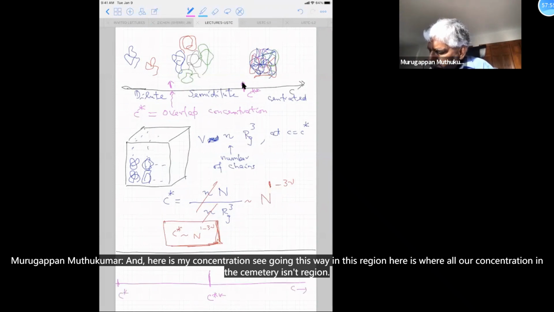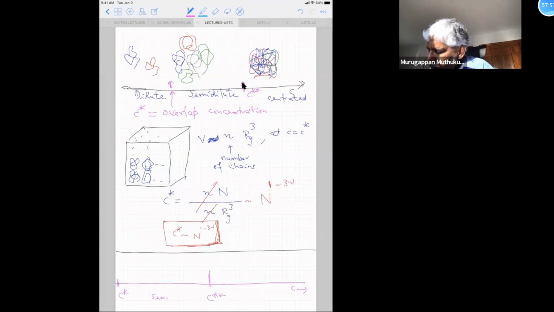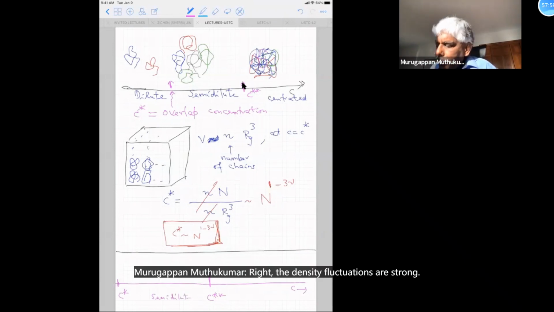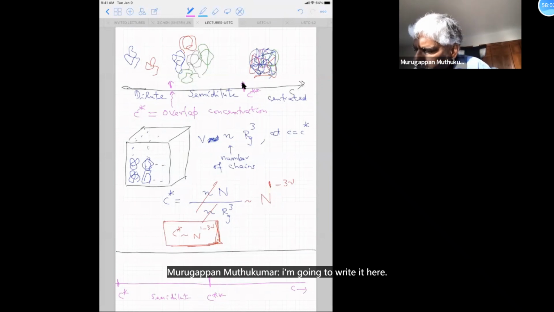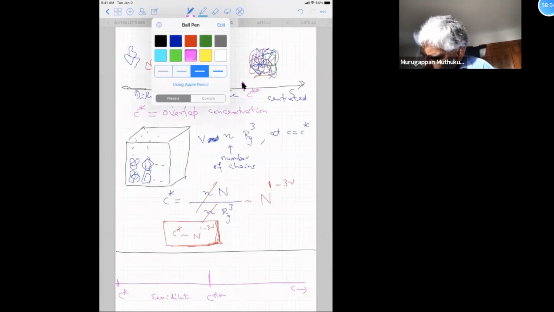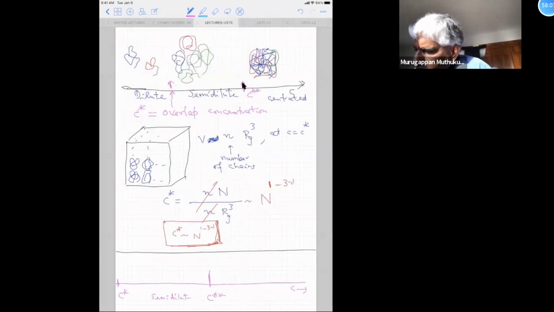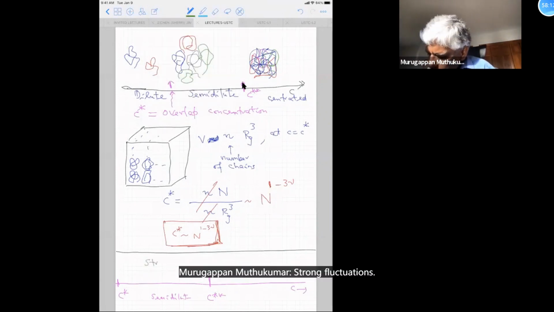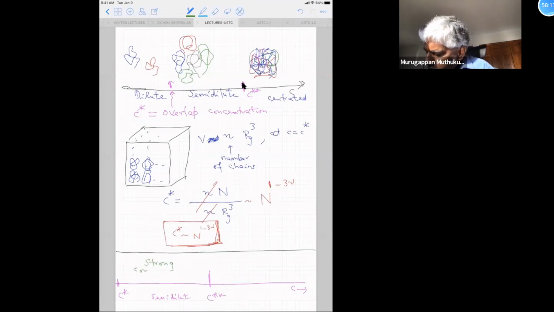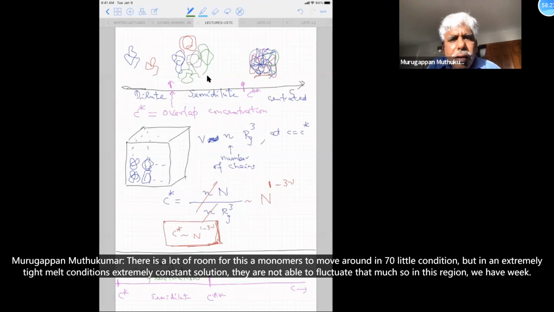In the semi-dilute region, the density fluctuations are strong. I'm going to write it here: strong concentration fluctuations. As you can see, there is lots of room for these monomers to move around in semi-dilute conditions.